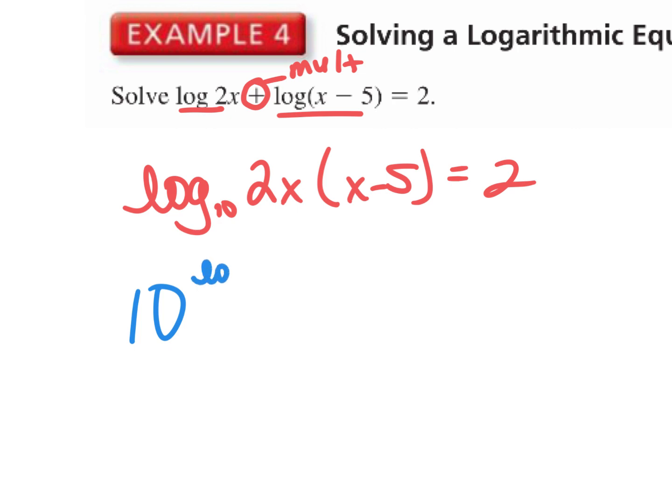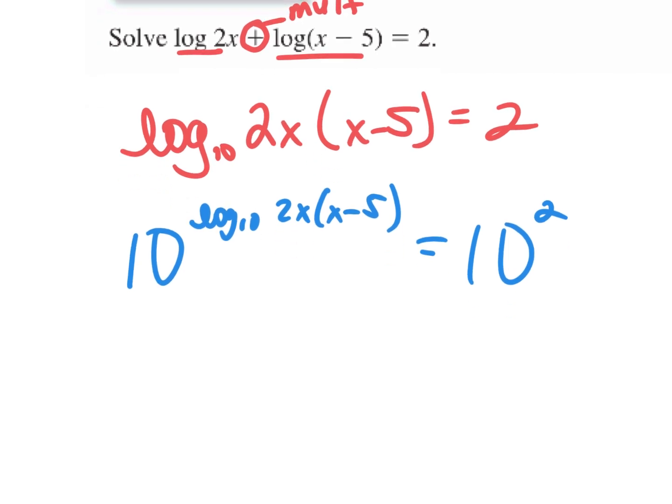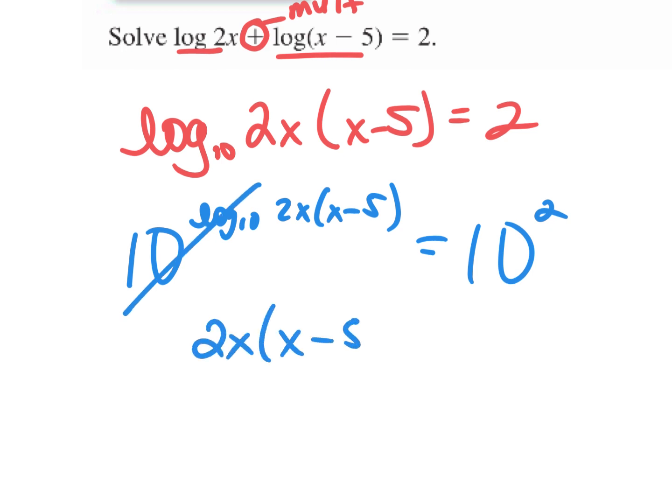It goes up in the exponent. So 10 to the log 10, 2x times x minus 5. And what you do to one side of the equation, you do where? I'm going to write a big old 10. And where does 2 go? As the exponent. Perfect. Do we know how to solve this now? What happens with 10 to the log 10? It cancels. So I'm left with 2x times x minus 5 equals 100.